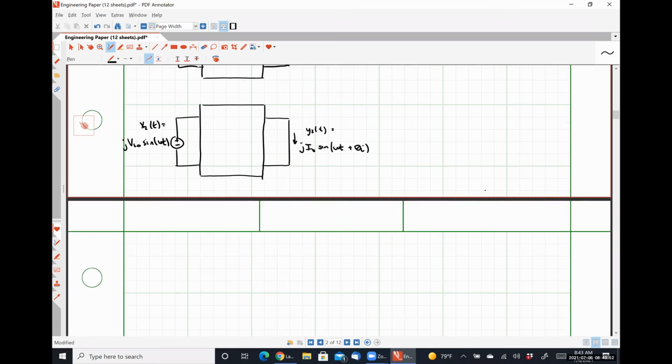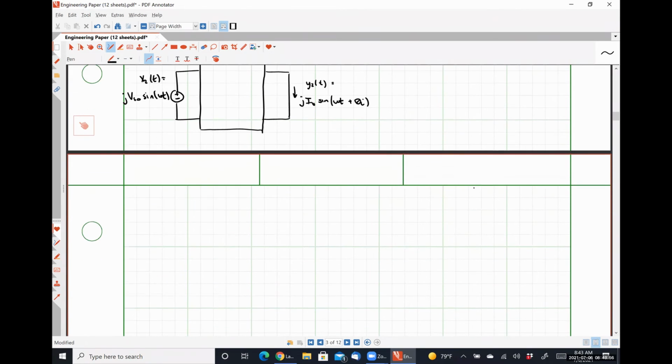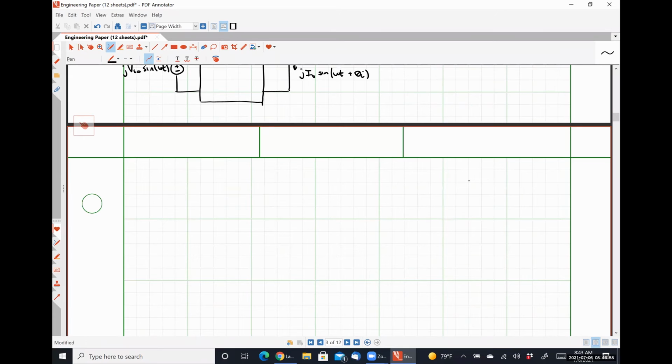And so now I'm going to apply the additivity principle of linearity, which you guys probably know better as the superposition principle. That says I apply both inputs, x1 and x2 simultaneously.